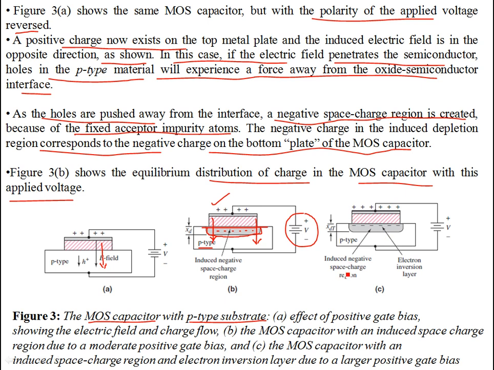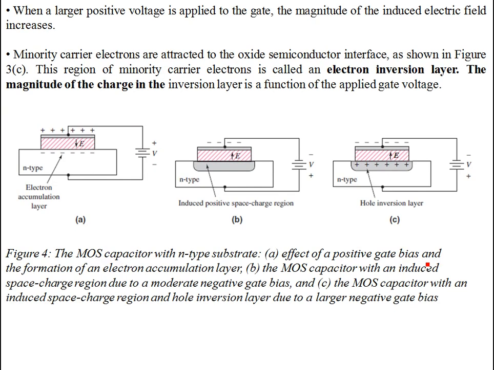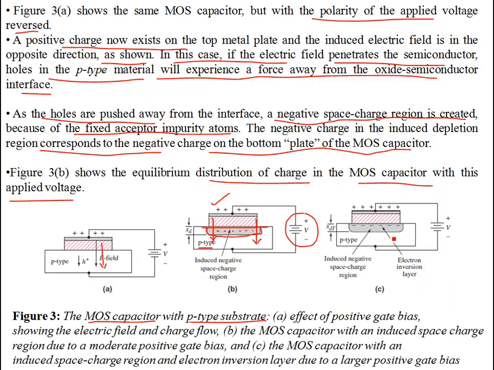This is the induced space charge region, also known as the electron inversion layer. How much charge you have in this region depends on the magnitude of the supply voltage. As you increase the supply voltage, more and more holes are going to be pushed towards the bottom, because that's the direction of the field.